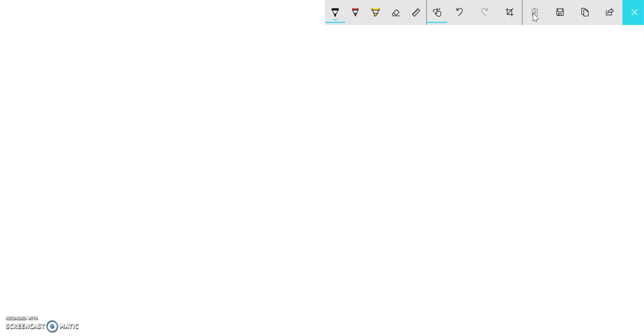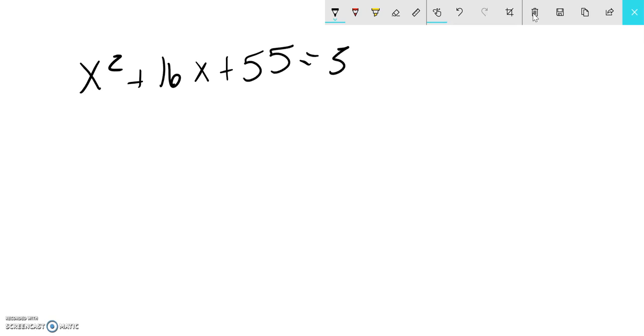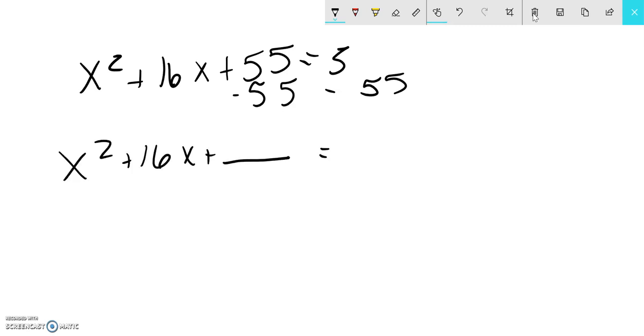If I were to give you x squared plus 16x plus 55 equals 3. All right, I'm going to subtract 55 from both sides. So we get x squared plus 16x plus blank equals, combine that, negative 52 plus blank, right?